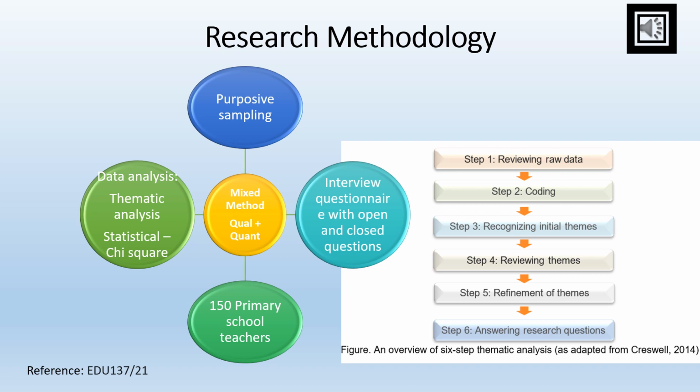The research methodology adopted for this study was a mixed method. The researchers used both qualitative and quantitative data. The sampling was very purposive in that the focus was on primary school teachers, the reason being that there was an increase in the number of learners in each class.